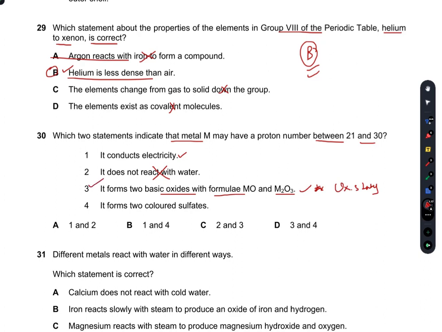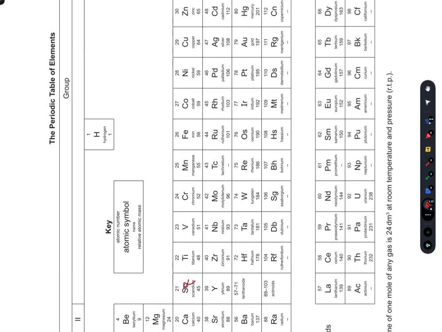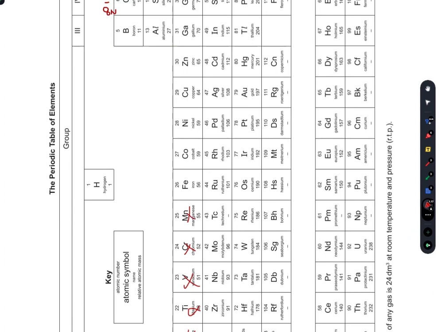So 3 is correct. It forms two colored sulfates. So which metal between 21 and 30 forms two colored sulfates? So scandium does not. Titanium oxide is single, V2O3 and V2O5. So there is not VO. Chromium oxide. Manganese doesn't.